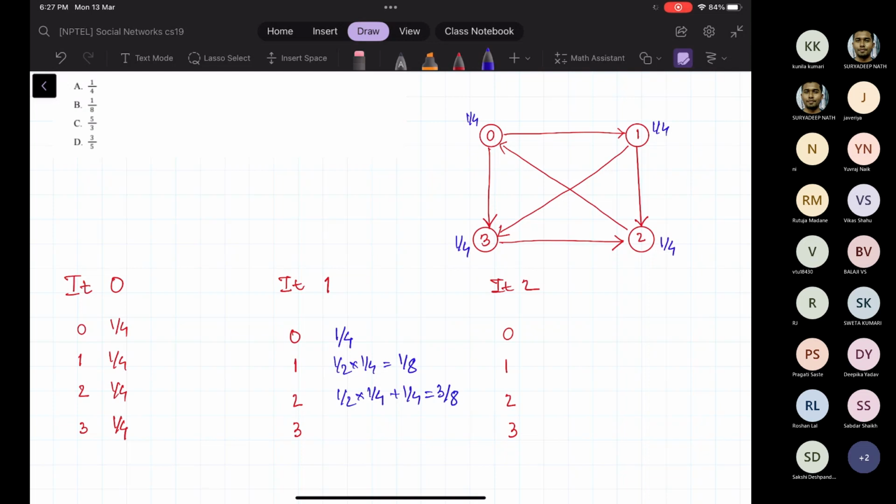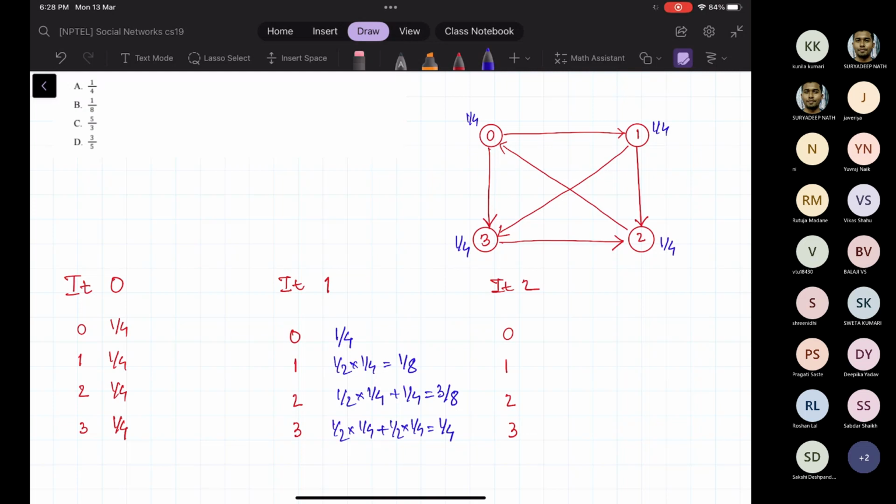Coming to node 3, it has two incoming edges, one from node 0 and one from node 1. From node 0 it gets half of 1/4, and from node 1 it gets half of 1/4. That is 1/4.